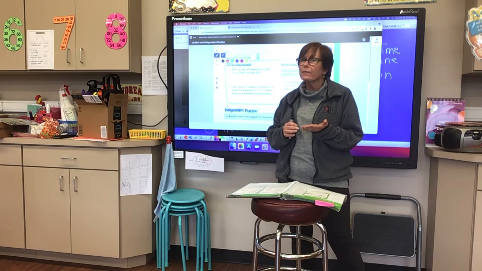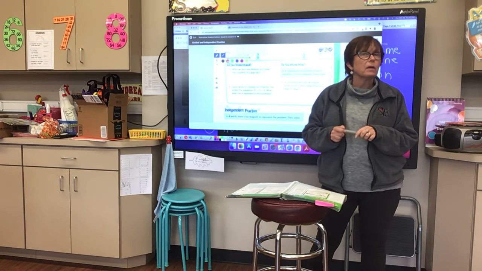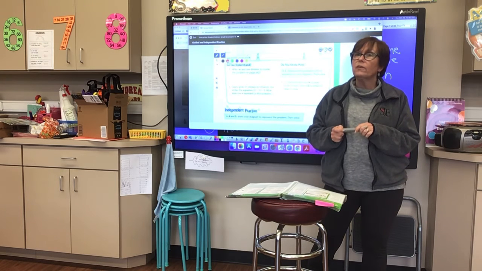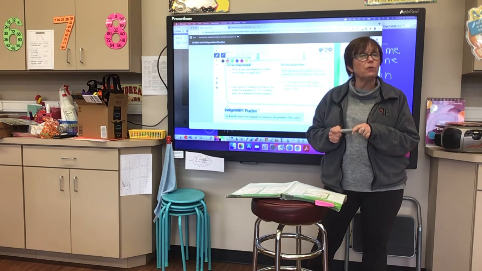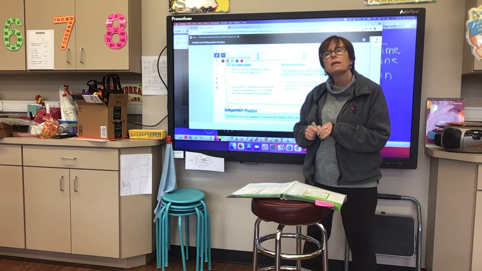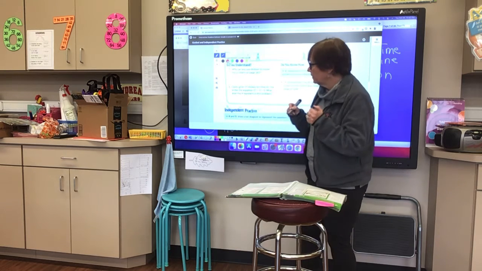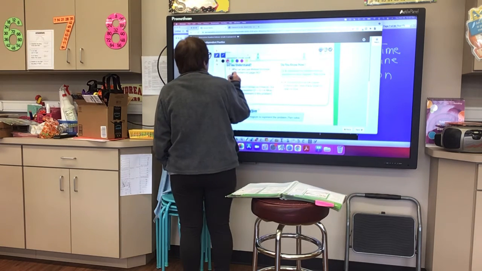We're trying to put them into boxes, and we're trying to put them in what type of groups? Maddie? Equal groups. Yes, the hats are being divided into equal groups. Let's write that. The hats are being divided into equal groups.